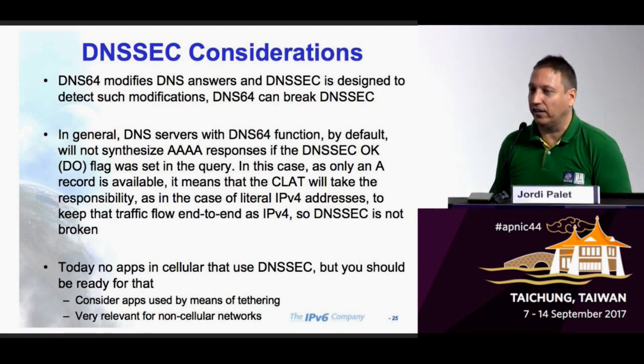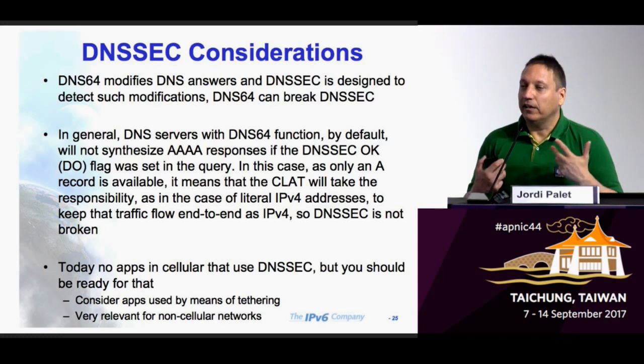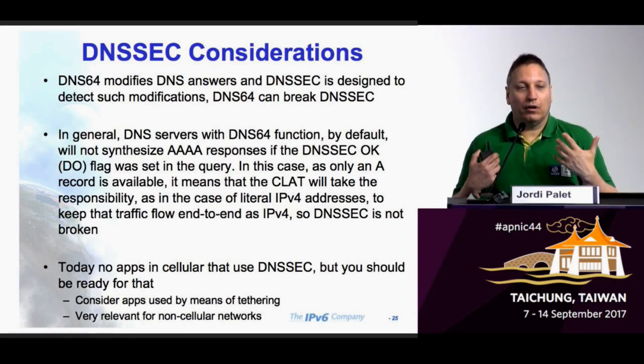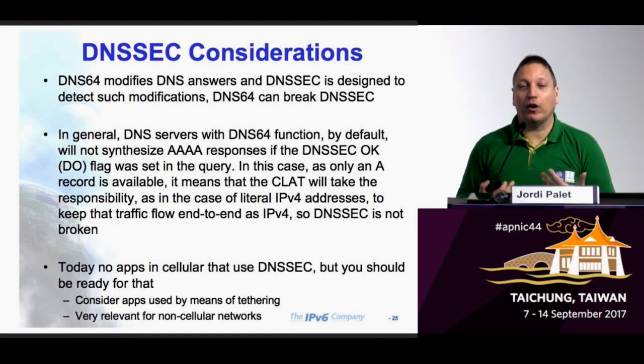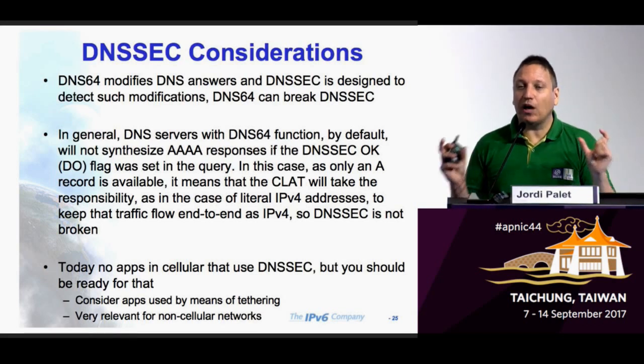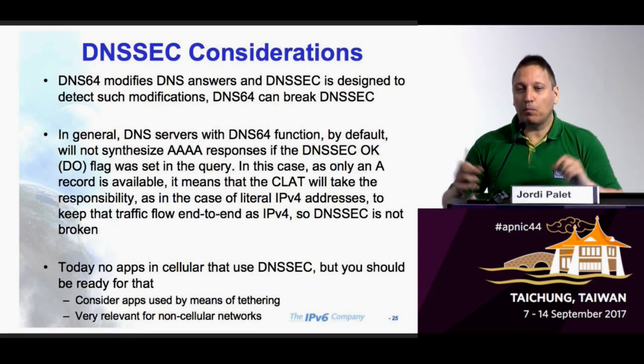What that means basically is that even if you could, for DNSSEC A records, use just NAT64, if you do that, you will break DNSSEC. So instead of that, it's better, in those cases, to do a double translation to avoid breaking DNSSEC.